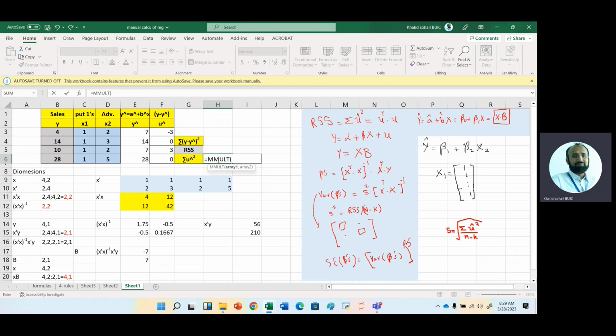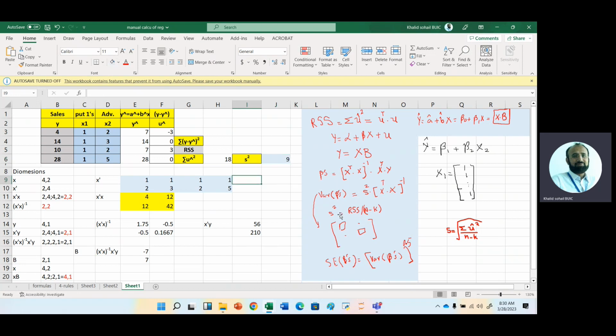And now we will take the transpose of U hat multiplied by this U hat. We will get summation U hat square, that is the residual sum of squares. And if we divide it by n minus k, that is 4 minus 2, which is 2, we will get S square. So it is the value of S square.